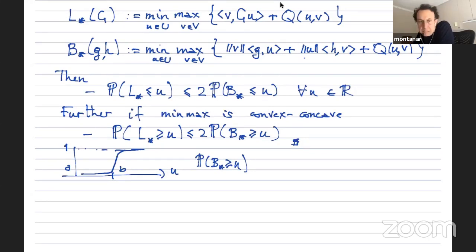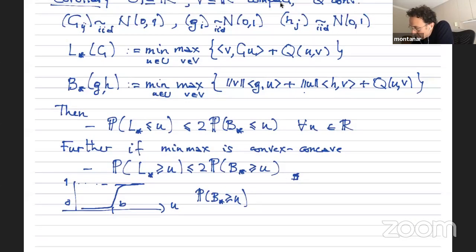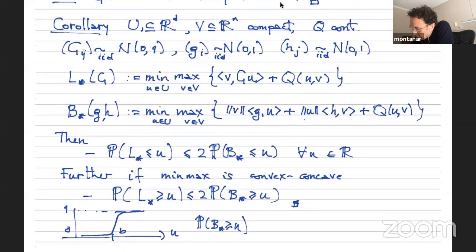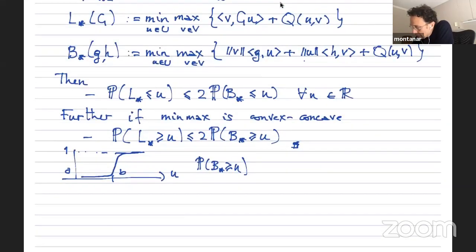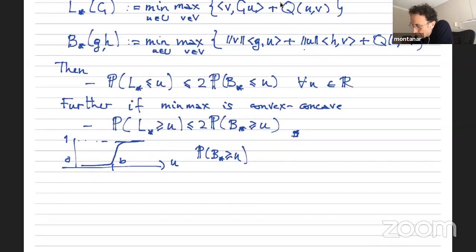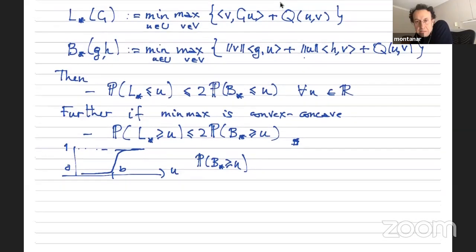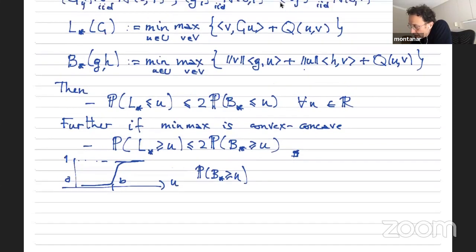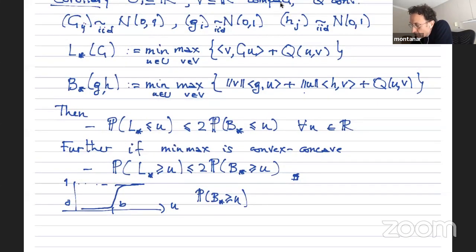So I claim that this corollary is really a kind of immediate consequence of Gordon's theorem. Once you come up with this comparison, these are two Gaussian processes. You're optimizing two Gaussian processes that are indexed by vectors V and U. There is a trivial technical difficulty, which is that V and U range over sets that are not finite and not countable.